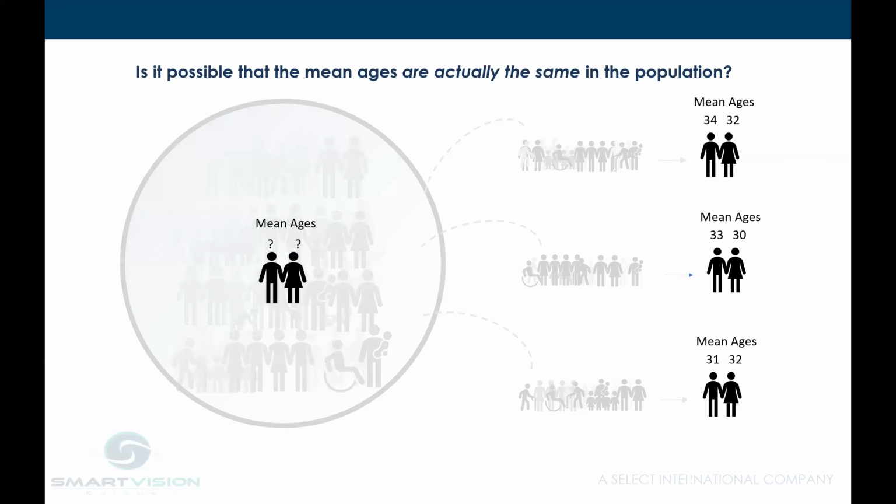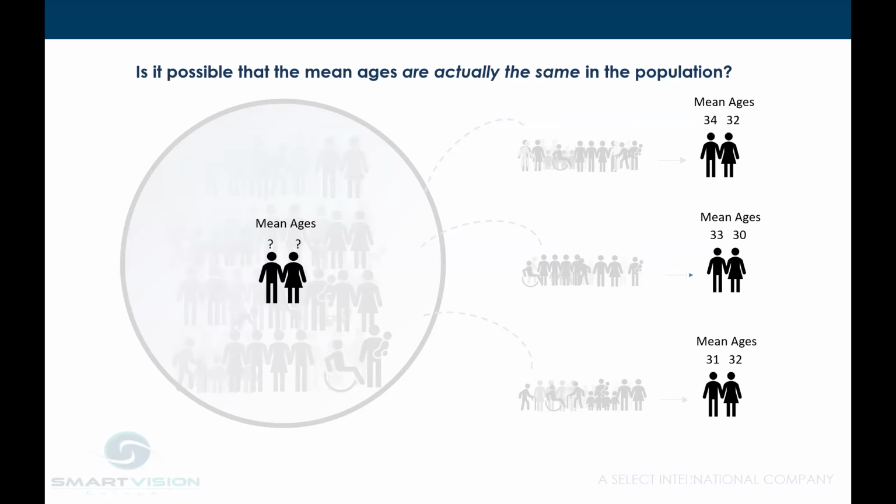We might, for example, start to postulate the notion that the mean ages are in fact exactly the same in the population, and that the differences that we're observing in our samples are actually illusions. They are an artifact of the fact that the samples vary from one another, that they're merely estimates. I mean, the ages here are quite close together. They're not massively different from one another.